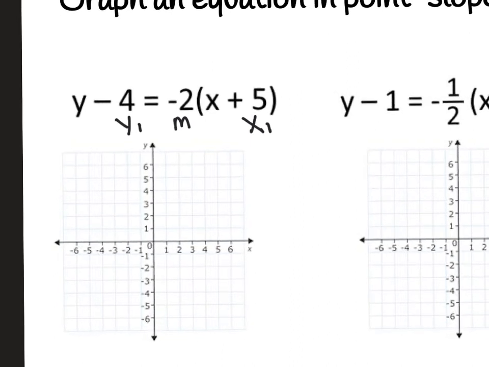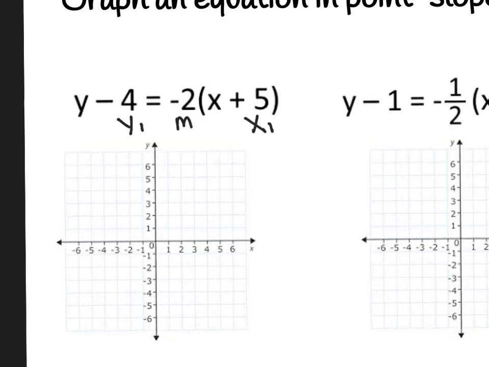This is supposed to be minus here. So we know that this is actually a negative 5 because minus negative is positive. So our point, it goes xy, our x1 is negative 5, and our y1 is 4. Right here.